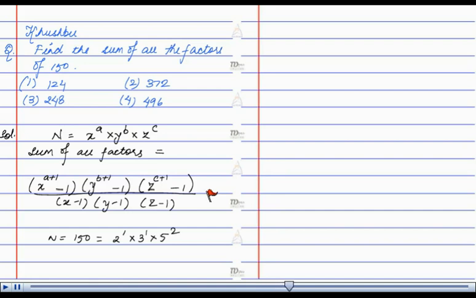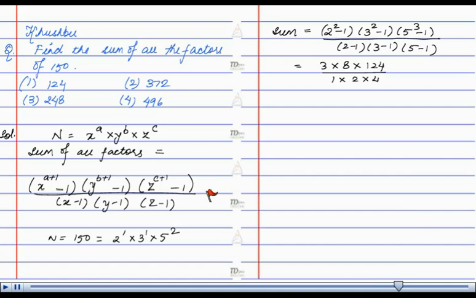Substituting the values of x and a in the formula, we get the sum of all the factors as (2 square minus 1) into (3 square minus 1) into (5 cube minus 1) whole upon (2 minus 1) into (3 minus 1) into (5 minus 1), that is 3 into 8 into 124 upon 1 into 2 into 4, which is 3 into 124, that is 372, and hence the correct answer is option number 2.